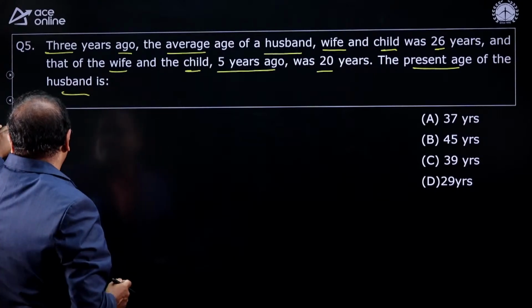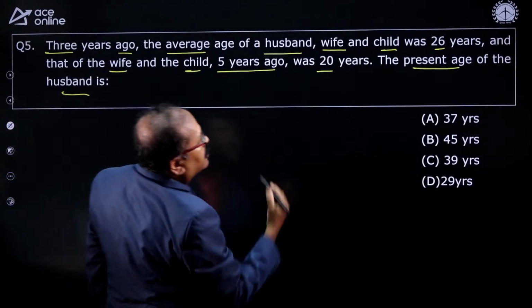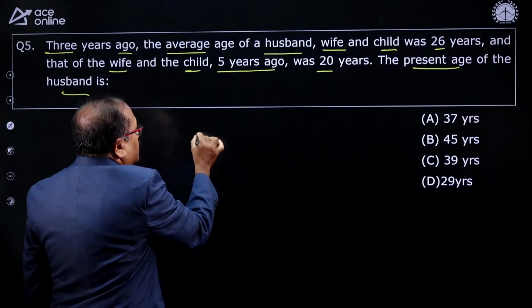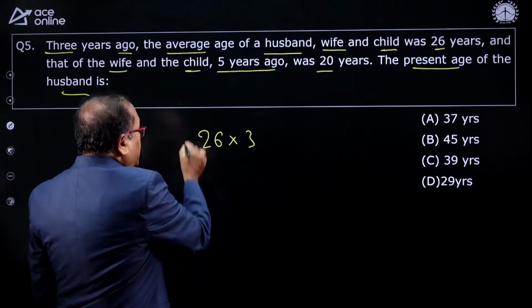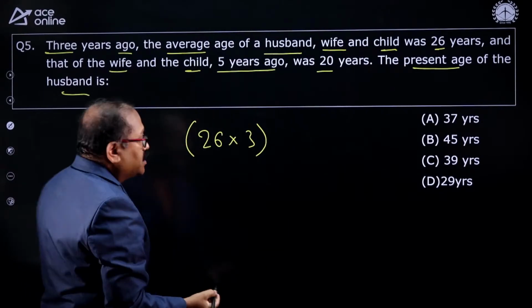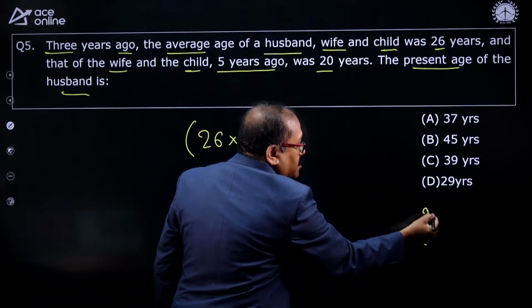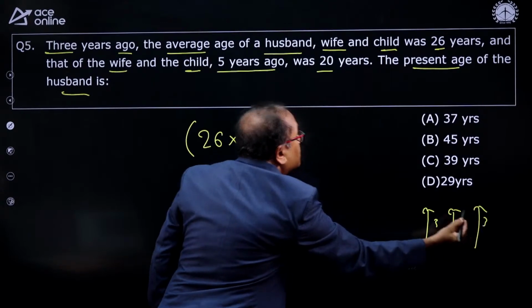Let's move on. So, what is their total 3 years ago? That is 26 into 3. And if I want to get the present age, everyone's age will increase by 3. How many people are there? There are 3 people.